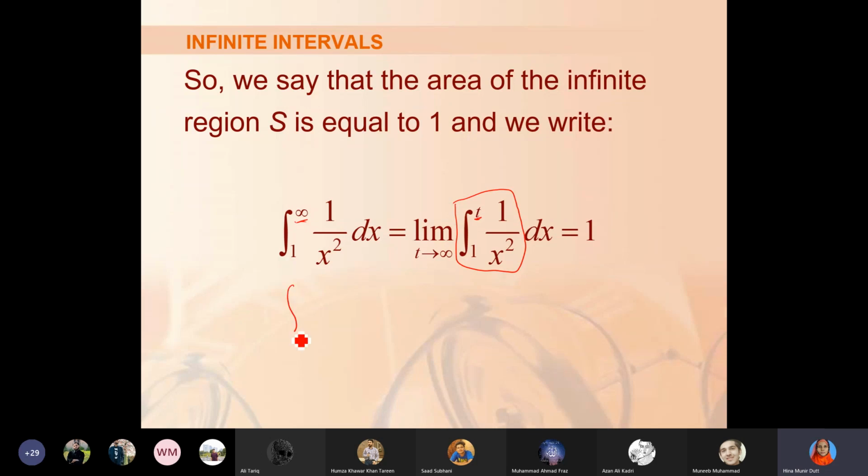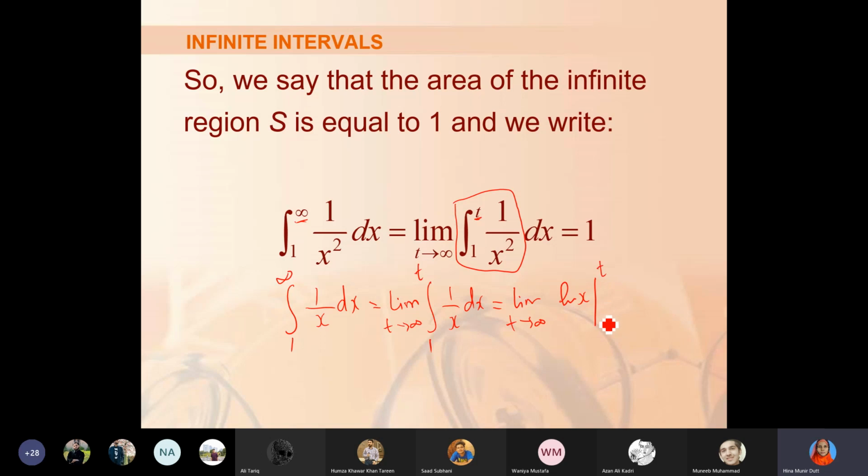So if I take the integral of 1 over x dx, what will I do? I will replace this infinity with t, integral of 1 over x dx. Simply evaluate this. The integral of 1 over x is ln of x.